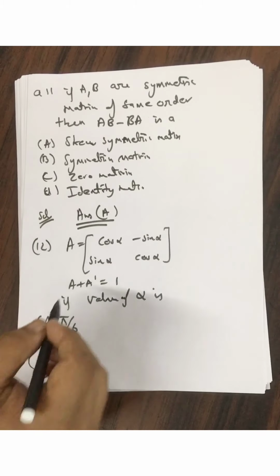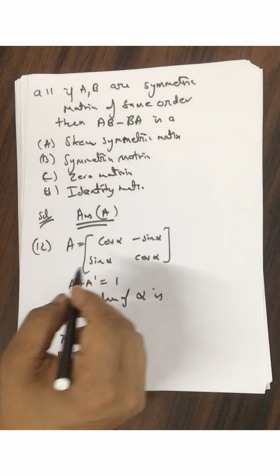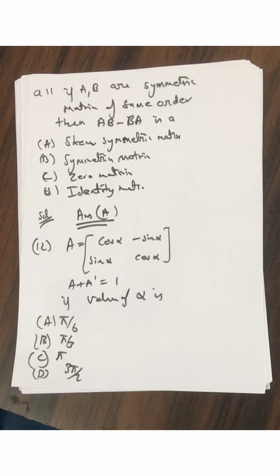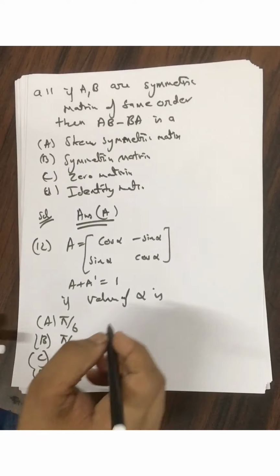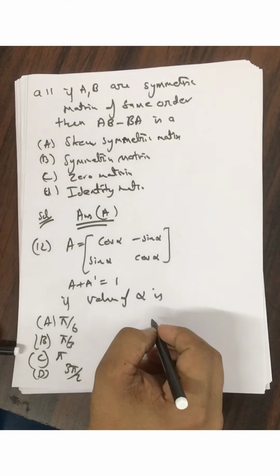Now they are saying A plus A dash equals I. Let's put the values. It will be coming pi by 3.